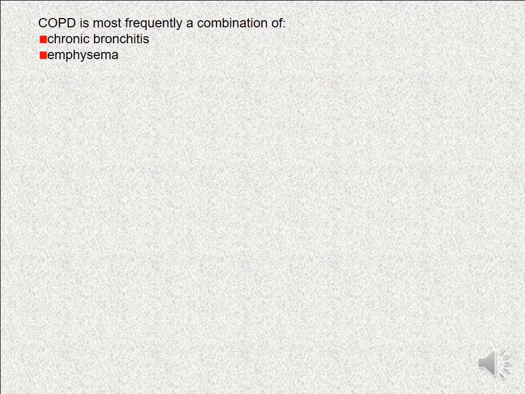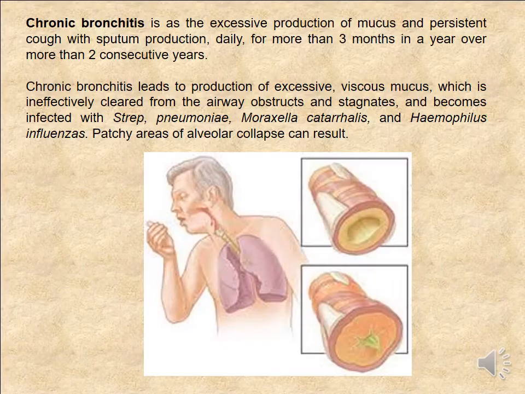It is most frequently a combination of 2 categories. The first is chronic bronchitis, and the second is emphysema. So there are 2 diseases related to chronic obstructive pulmonary disease.